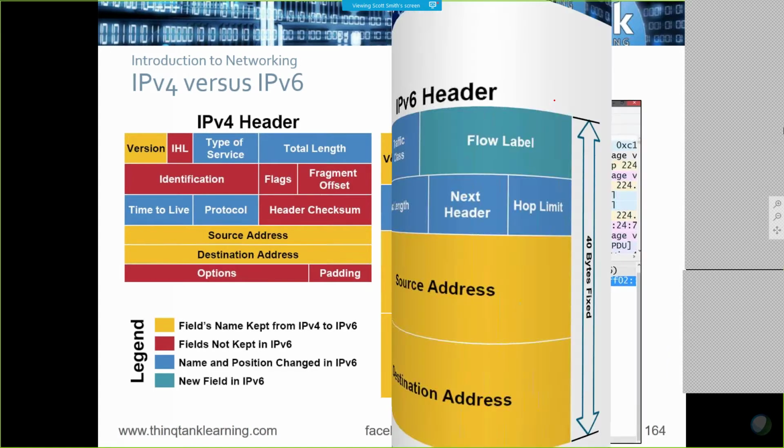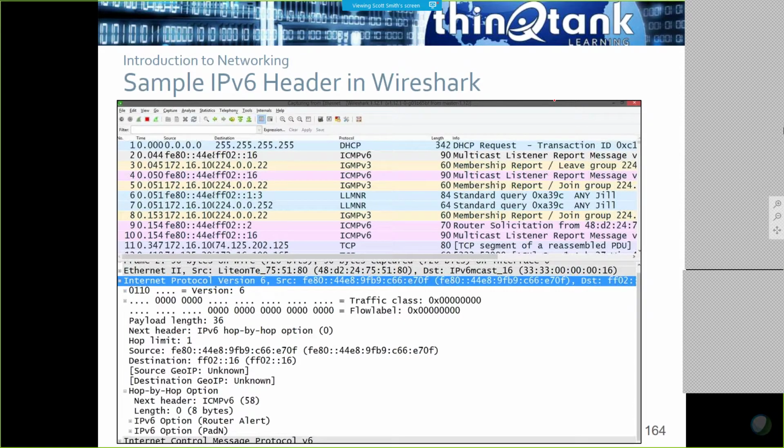All right. So this is what my v6 header looks like in Wireshark. Pretty much the same thing. I've got my version field, 0110, makes sense because that's v6. Traffic class, my 6 bits for DSCP plus my 2 bits for ECN.